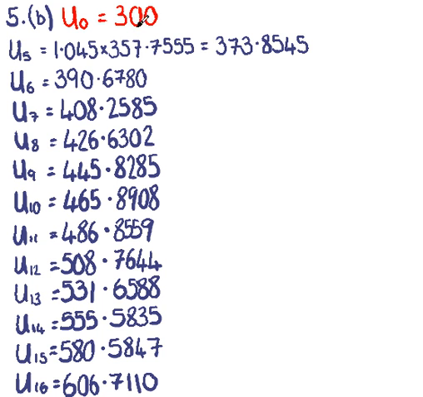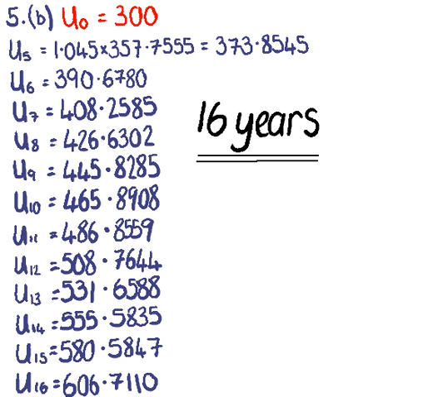Our initial investment was 300. We have now gone beyond 600, which is double that amount. Each recurrence relation represents a period of 1 year. So this was 5 years, 6 years, 7 years, 8 years, and so on. So the answer to the question of how many years at the same interest rate would it take to double the investment is that it has taken 16 years to double the investment.